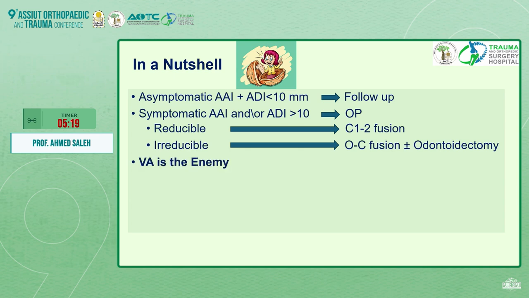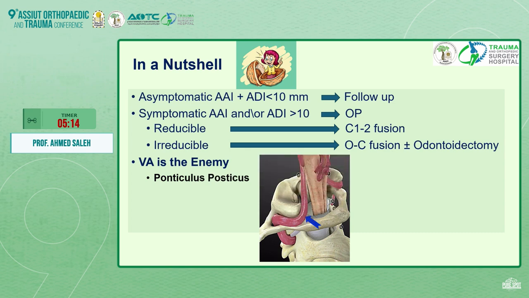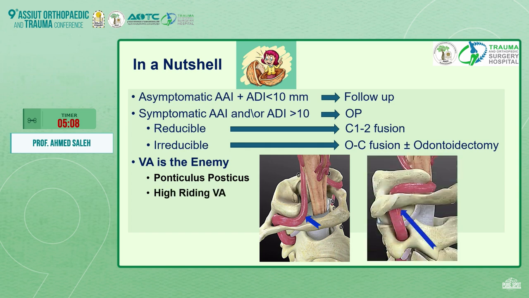But always remember that the vertebral artery is your enemy, and you should read the CT thoroughly and search for what's called ponticulus posticus for C1 and high riding vertebral artery for C2.